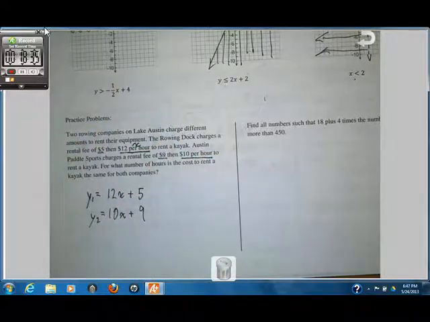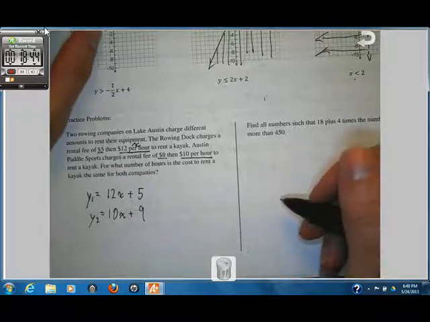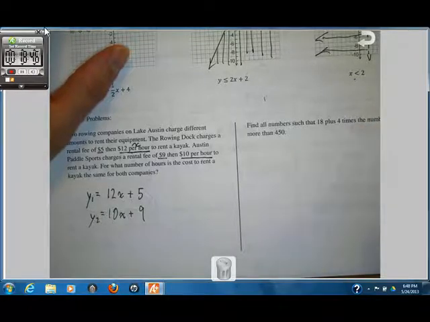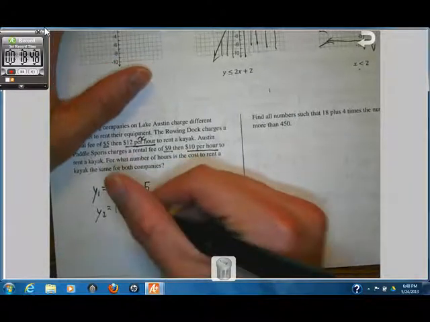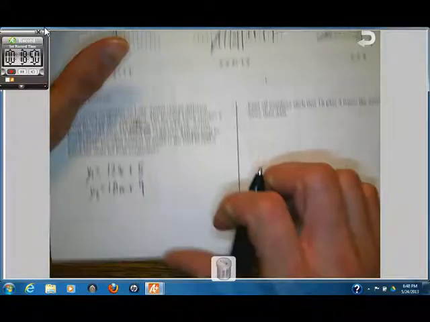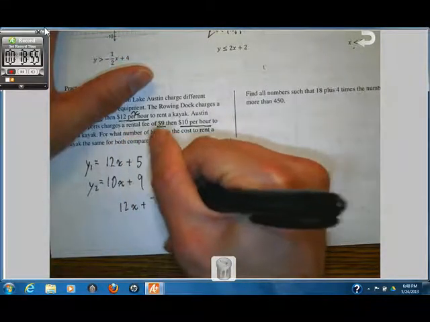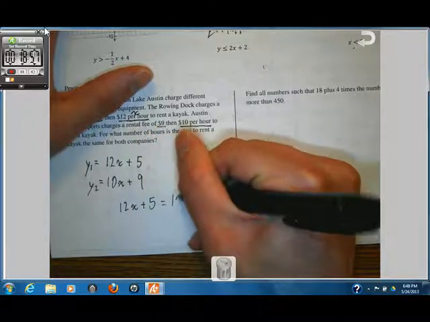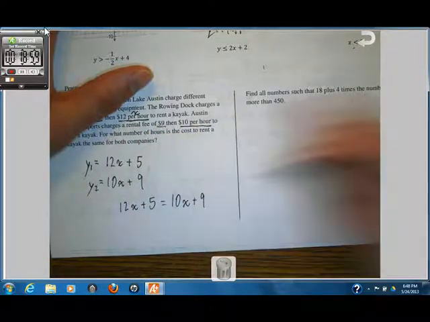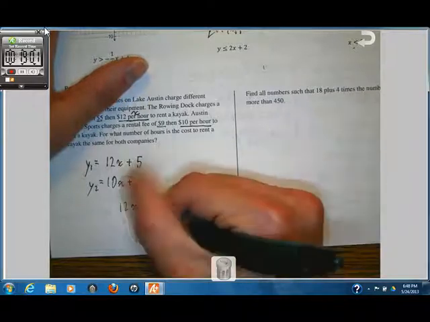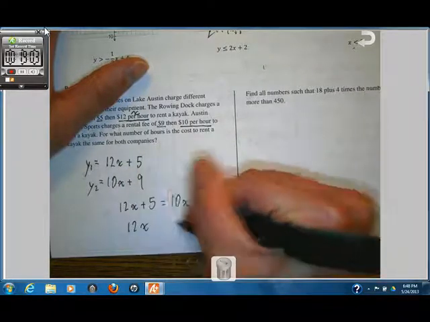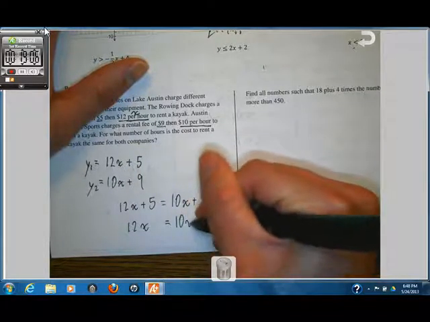You have 12x is equal to 10x plus 4. Subtract 10x from both sides. 2x is equal to 4, and x is equal to 1. They did not ask for how much the particular cost was. It only suffices that they are the same. Oh, x is equal to 2, not 1. There we go. So, that was fun.